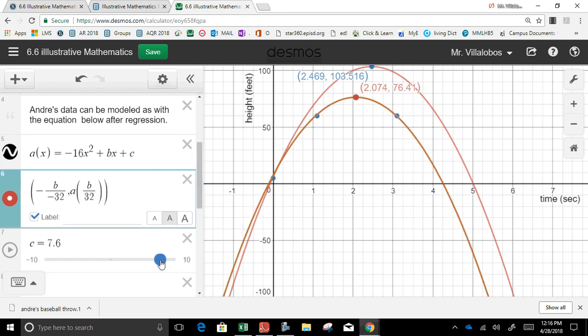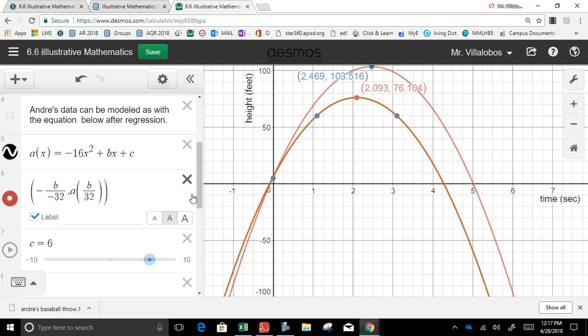Depending on how tall Andre is, even if he's 10 feet tall, he couldn't do it because he's not throwing it fast enough. So leaving him even on the short side doesn't change much.